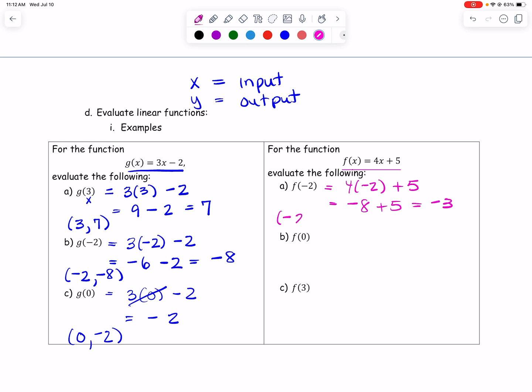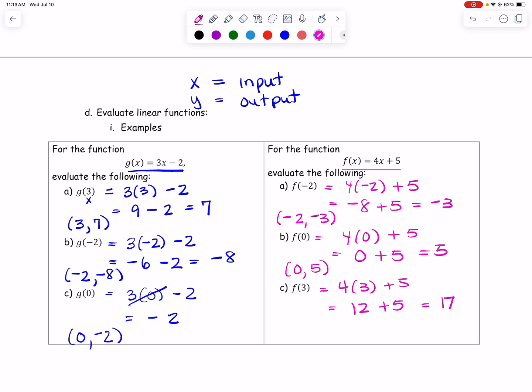So our ordered pair would be negative 2, negative 3. f of 0 is 4 times 0 plus 5, which is 0 plus 5, which is 5. So the ordered pair would be 0 and 5. And then last, 4 times 3 plus 5 is 12 plus 5, or 17. So 3 is our input, 17 is our output.